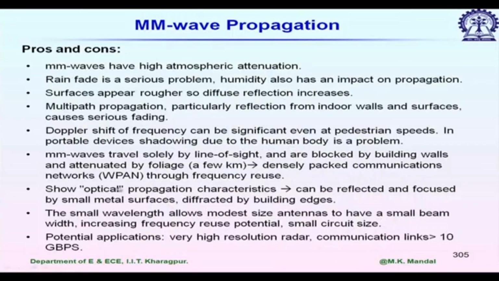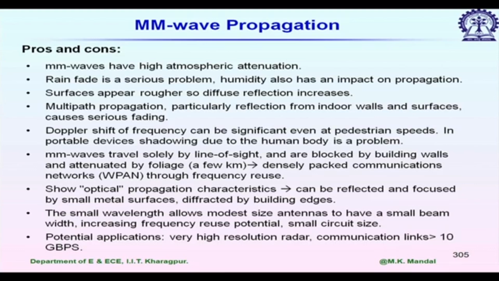So, densely packed communication networks through frequency reuse we can develop, and it shows optical propagation characteristics. That means it can be reflected and focused by small metal surfaces, and diffracted by building edges. So, small wavelength allows modest size antennas to have a small beam width, increasing frequency reuse potential, and small circuit size.